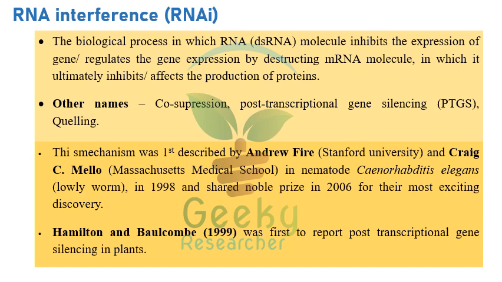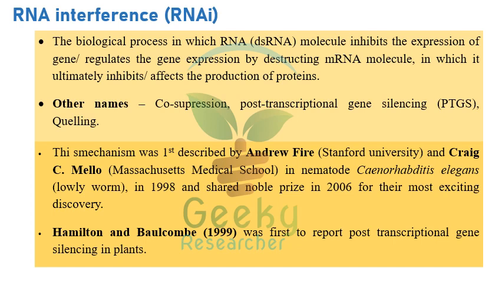Caenorhabditis elegans. Or in which of the following organisms was RNA interference discovered: nematode, fungi, bacteria, virus. The mechanism was first discovered by Andrew Fire and Craig Mello in Caenorhabditis elegans in 1998. For that they got the Nobel Prize in 2006. Hamilton and Baulcombe were the first to report post-transcriptional gene silencing in plants.